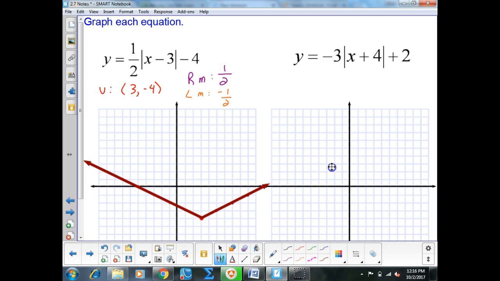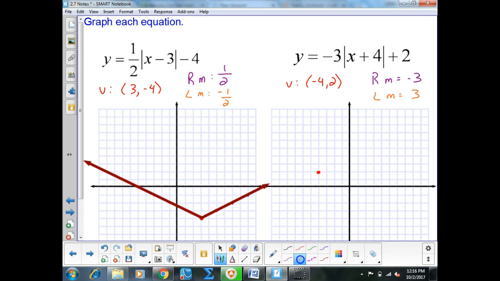Vertex on the second one here. Negative 4 comma 2. Let's go right side slope. Which means my left slope then would be positive 3.